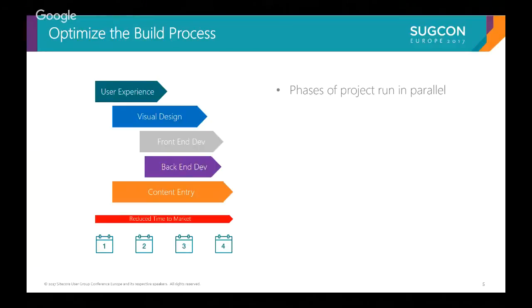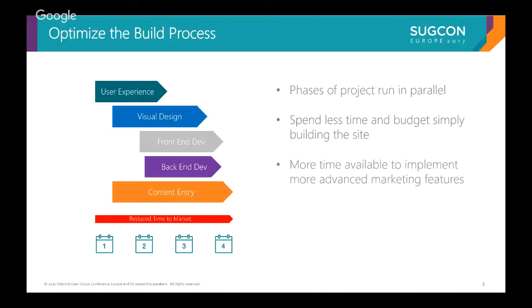That's the biggest piece of this whole thing: content entry starts so much faster. So if you can optimize this process, you spend less time and budget simply building the site, leaving more time available for configuring some of these more advanced marketing features.